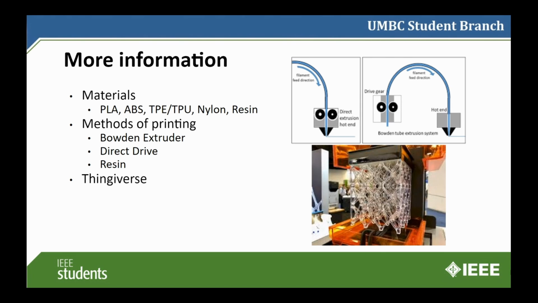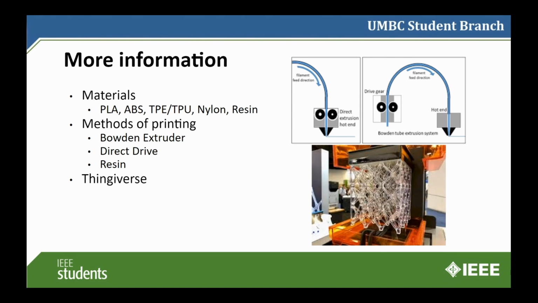If you've ever been to IKEA and seen the plastic chairs or spoons or bowls that they have there, if you get a really nice print from your 3D printer, your print will almost feel and look like those hard plastic items.